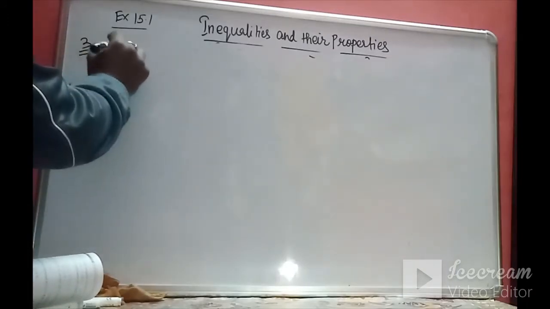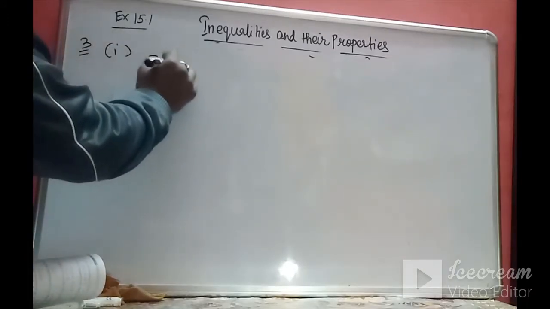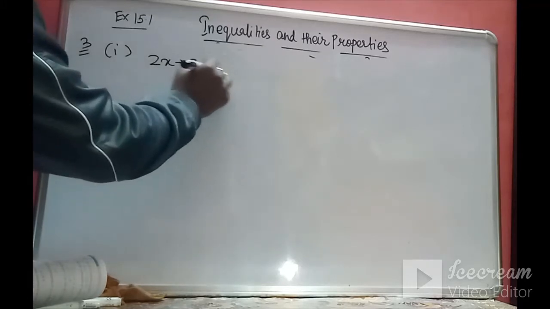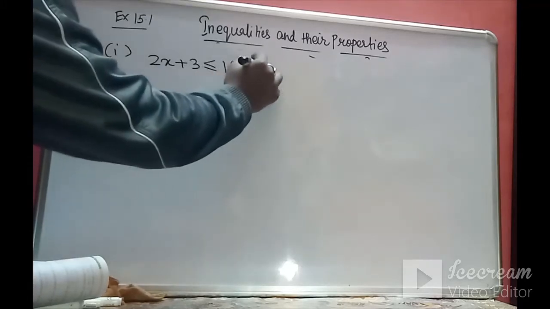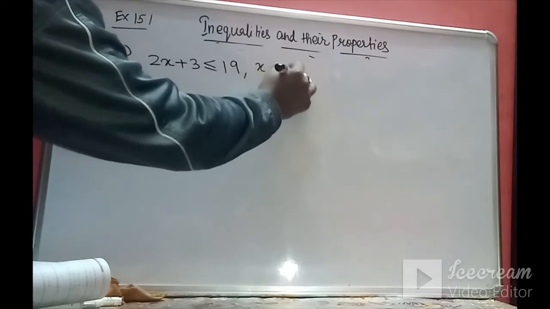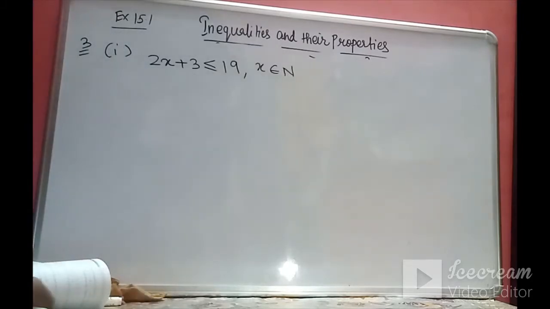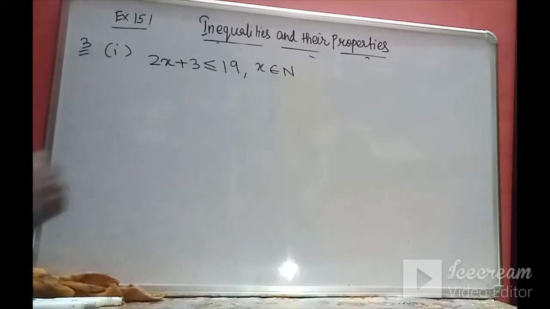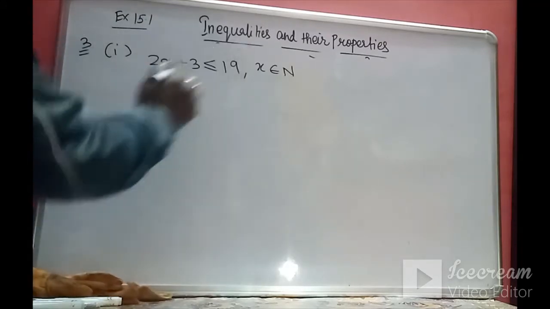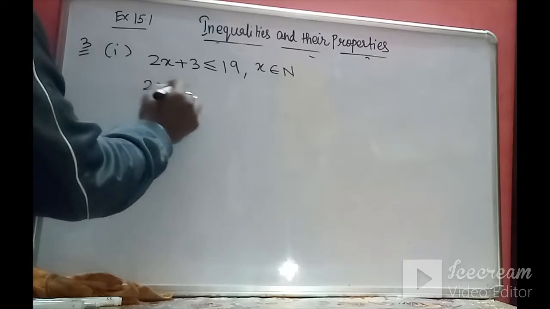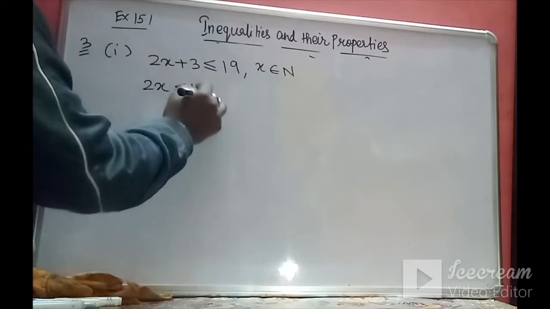Suppose I have a question: 2x plus 3 less than or equal to 19, and the solution set is given as x belongs to the natural numbers. So how am I going to solve it? I will take this 3 across, like we do in linear equations.